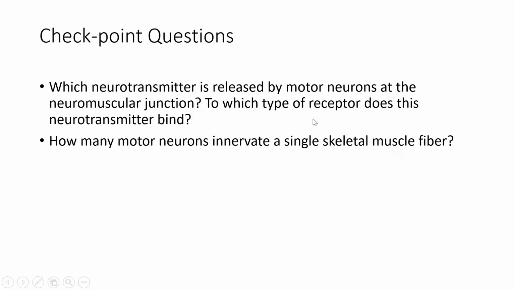All right, so we'll take a pause here and look at a few of these checkpoint questions, and then we'll look at our remaining objective. So the first question here, which neurotransmitter is released by motor neurons at the neuromuscular junction, and to which type of receptor does this neurotransmitter bind?